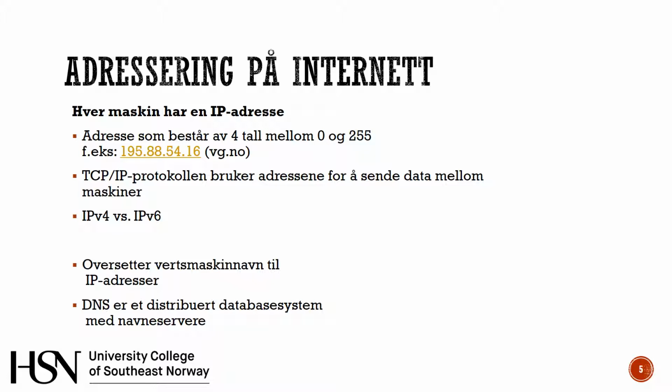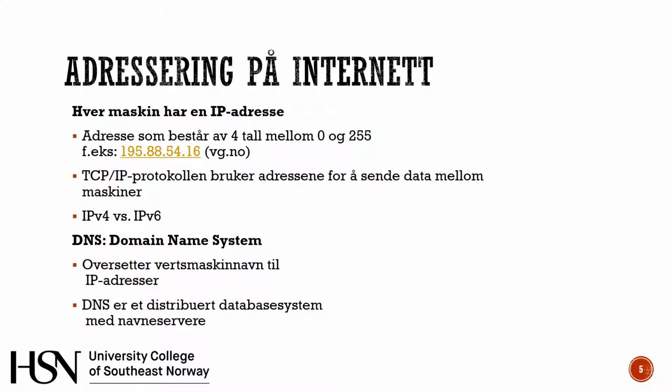And why do computers communicate using these strings, a series of numbers? We as humans obviously do not prefer it. So you don't want to type a number like 195.88.54.16 into a web browser.